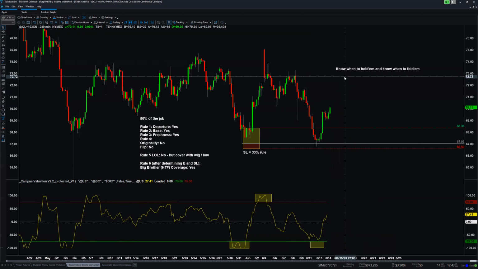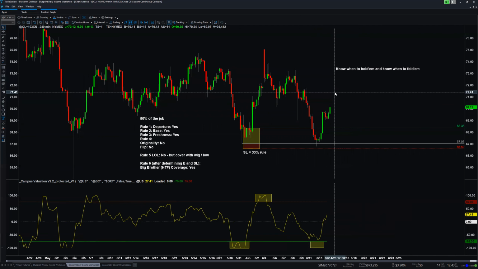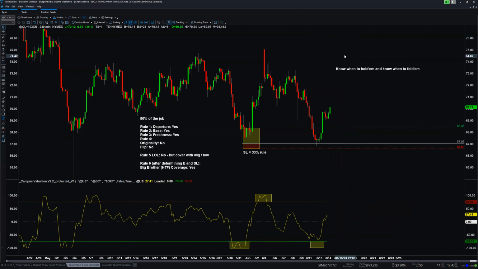So the higher price goes, the more corrective risk to the downside I have, the more money I have running as running profit on the table. So the more I want to secure potential profit, because the less the upside potential becomes, right?